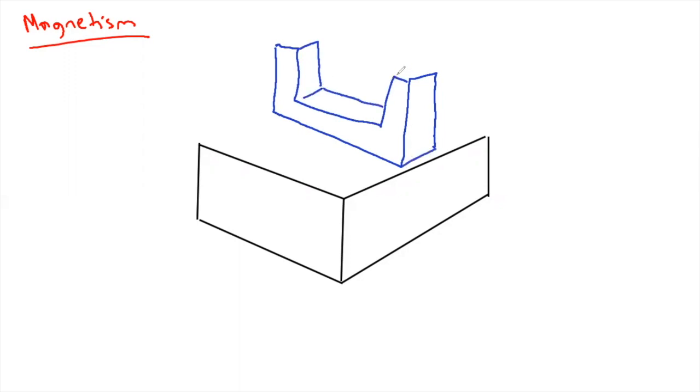One of these is a North Pole, the other one is a South Pole. All right, so this is the south, this is S, and this is N. And it is placed on the electronic balance plate.